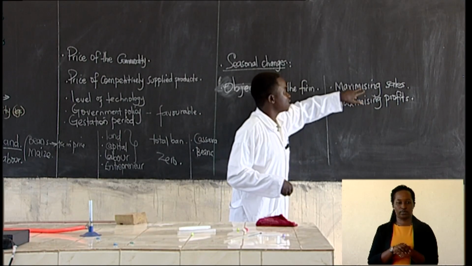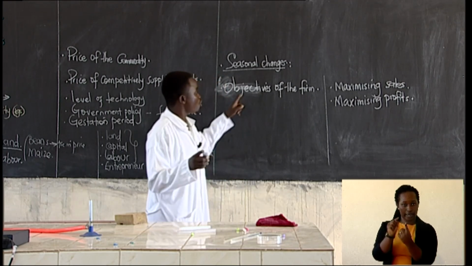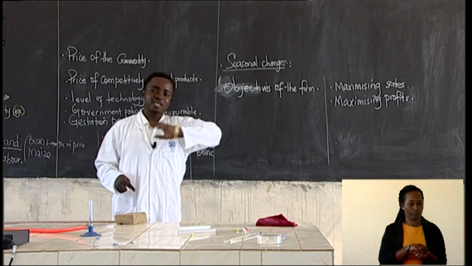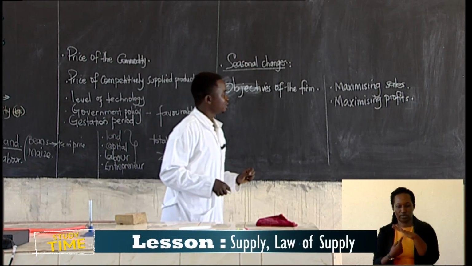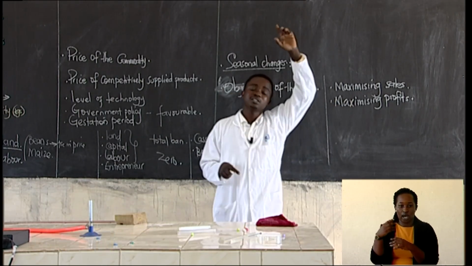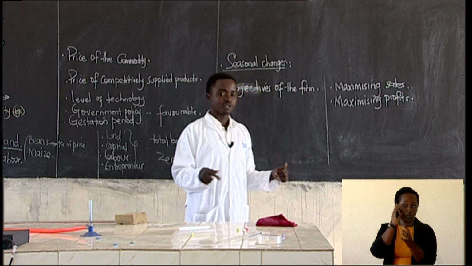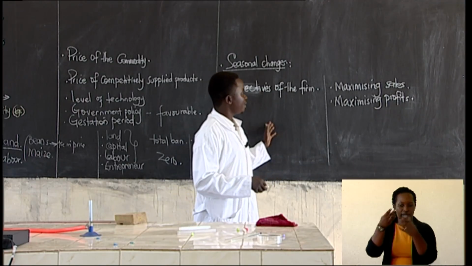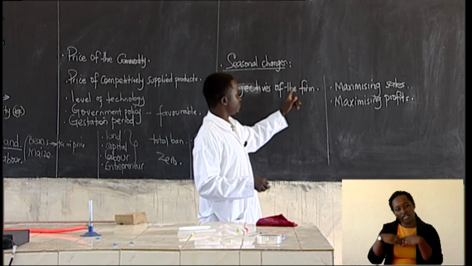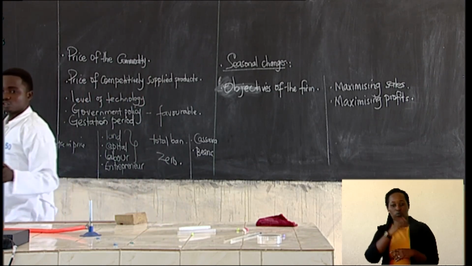But if its goal is maximizing profits, then it must produce and supply less to create a situation of scarcity, such that it charges high prices and maximizes profits. So that's how these two objectives determine the quantity supplied by the farm. With a sales maximization objective, it will increase the supply; if the objective is to maximize profits, it will supply less to the market.